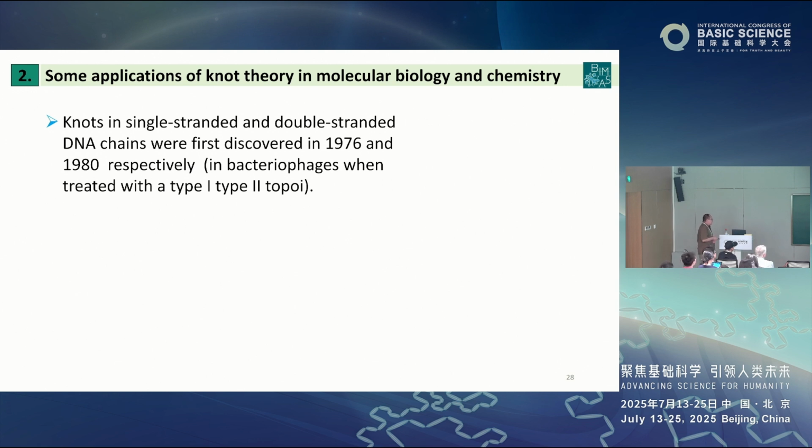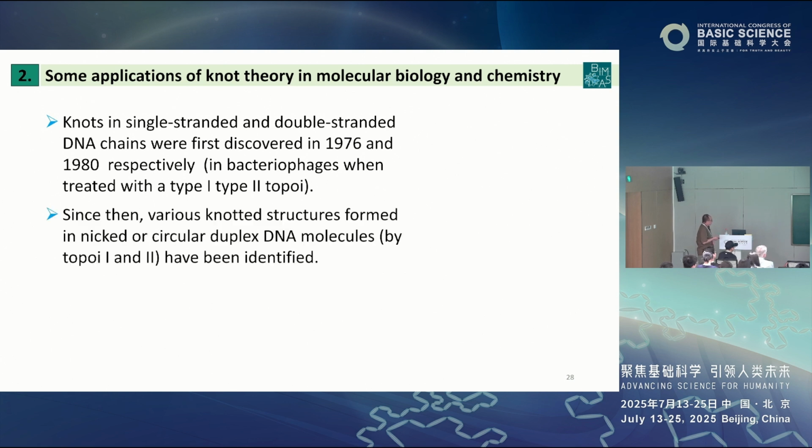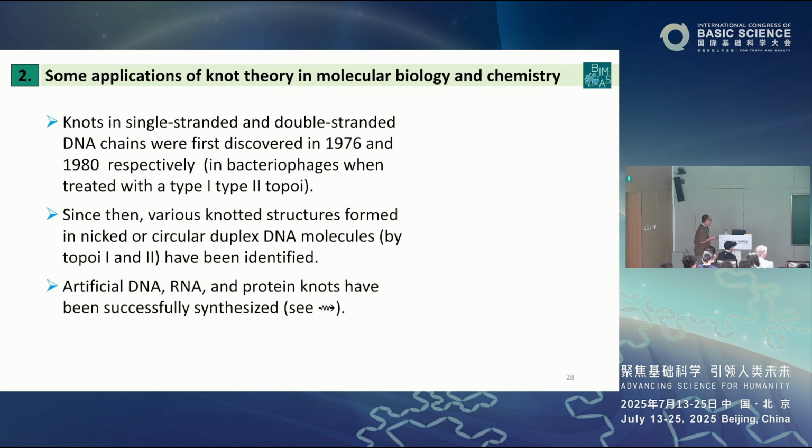Knots in single-strand and double-strand DNA chains were first discovered in 1966 and 1998, respectively. So, not very long ago. Since then, various knotted structures formed in nicked or circular duplex DNA molecules have been identified.